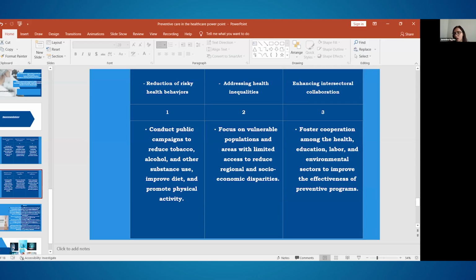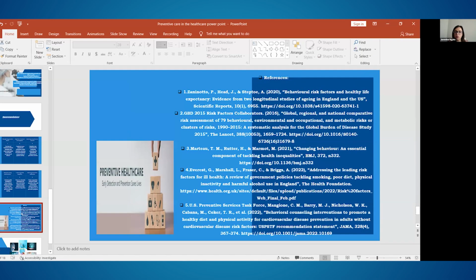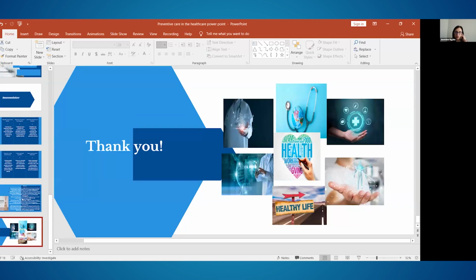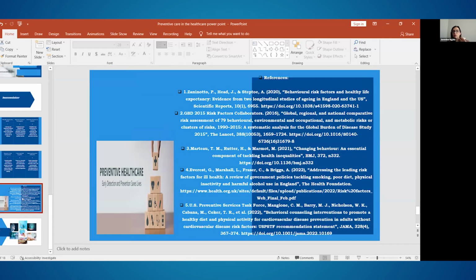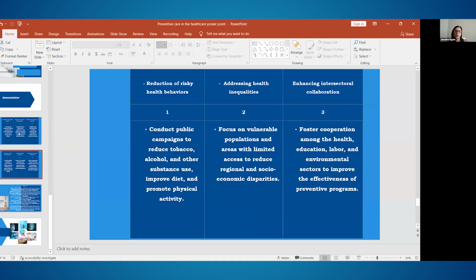And the sixth, intersectoral cooperation: foster cooperation among the healthcare, education, labor, and environmental sectors to improve the effectiveness of preventive programs for all populations. We used some references from the literature review to realize the study. Thank you for your attention.